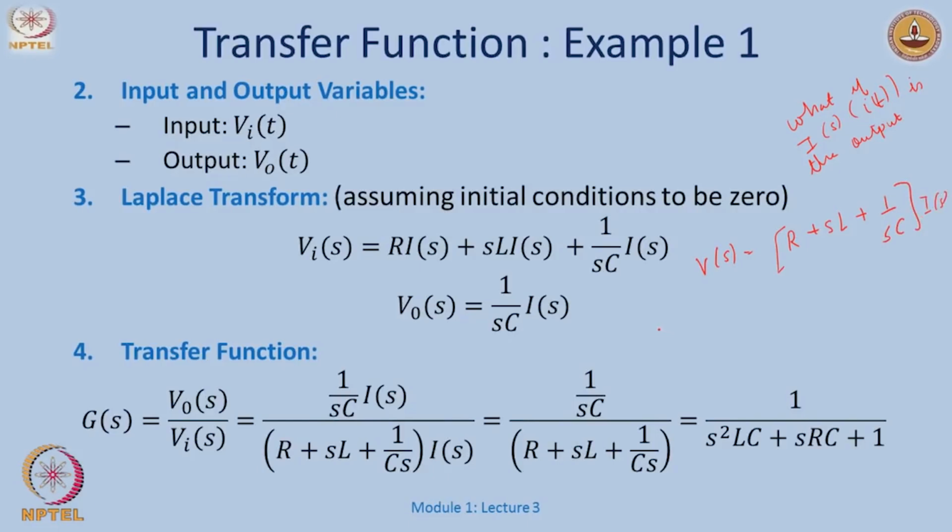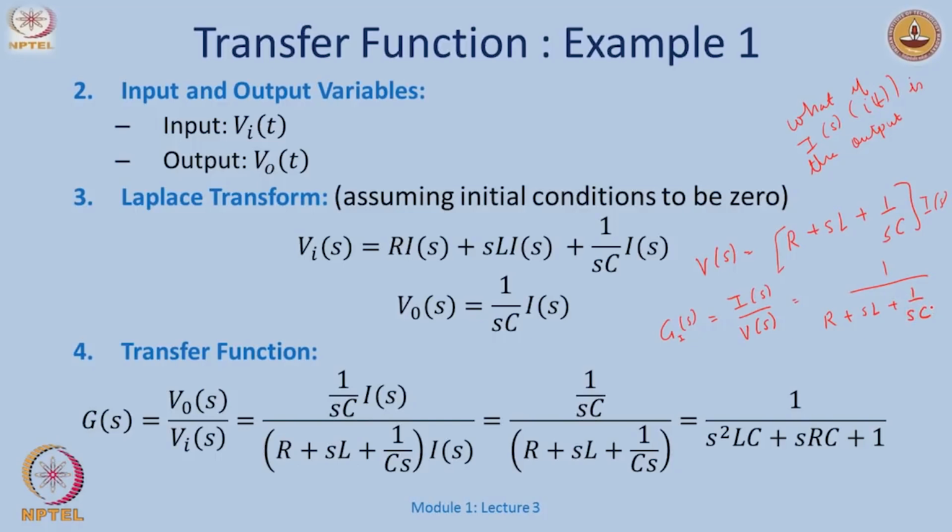Now, the transfer function G of S, just to distinguish between this, put an I here, where I am measuring the current as the output, is the ratio of the output I of S over V of S, which from this expression can be simply computed to be 1 over R plus S L plus 1 over S C.